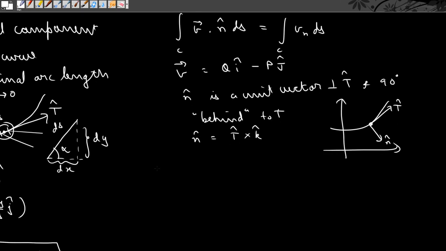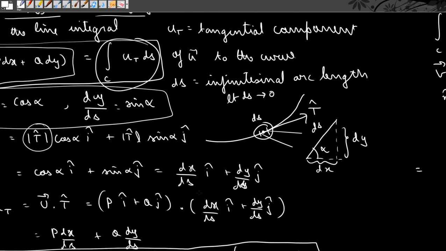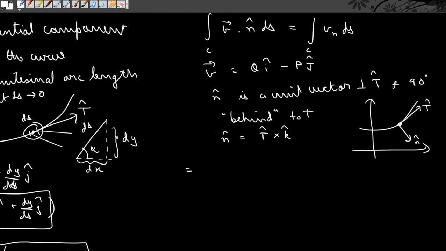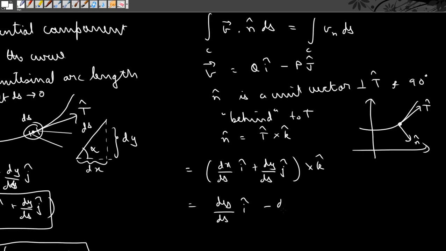As we already saw, t hat is given by this vector, so our n hat is going to become dx by ds i hat plus dy by ds j hat cross k hat, and using the cross product, this will become dy by ds i cap minus dx by ds j cap.